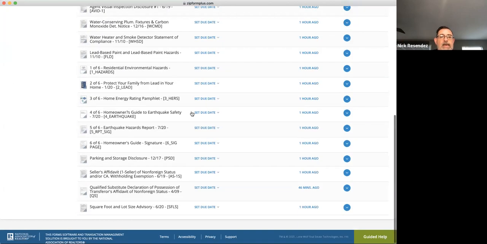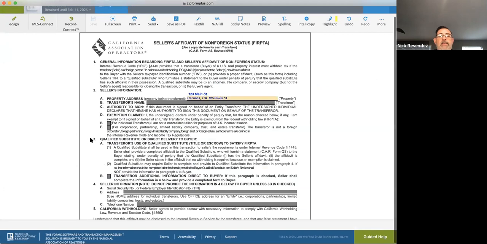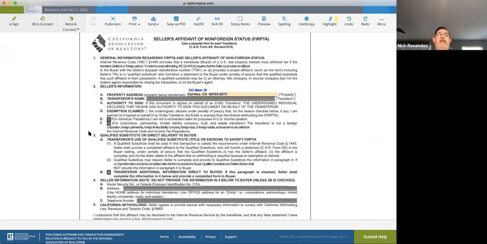Okay. Next, seller's affidavit. So basically what we've got here is a form called the seller's affidavit of non-foreign status, also known as a FIRPTA. FIRPTA stands for Foreign Investment in Real Property Tax Act.